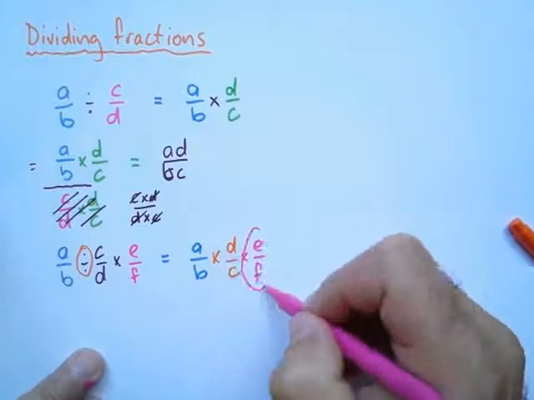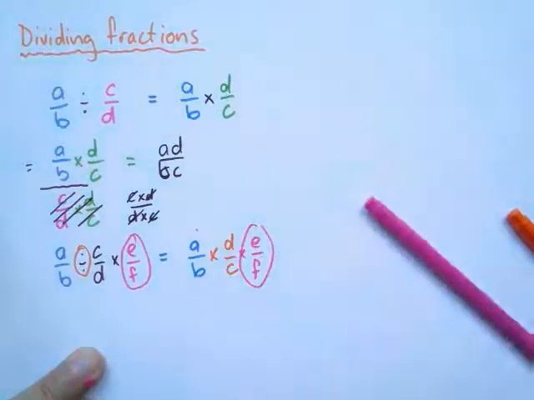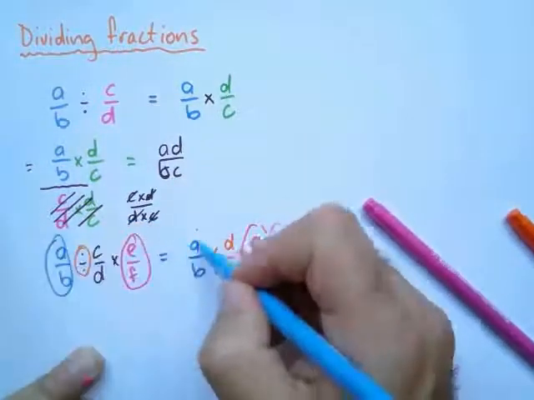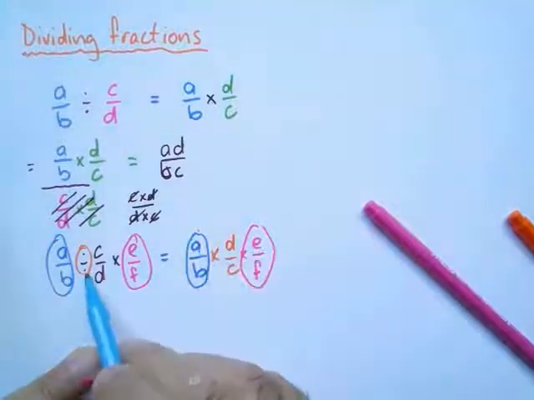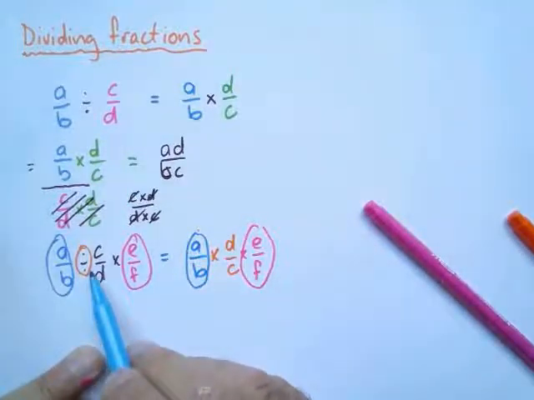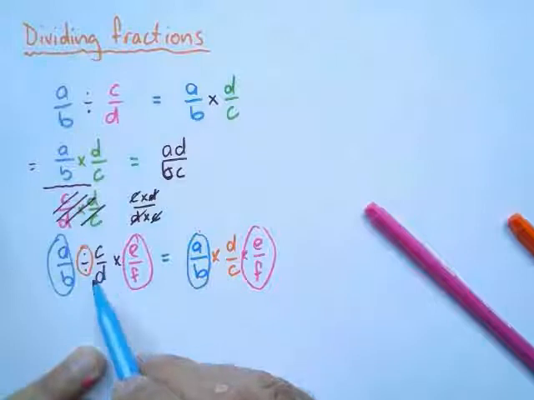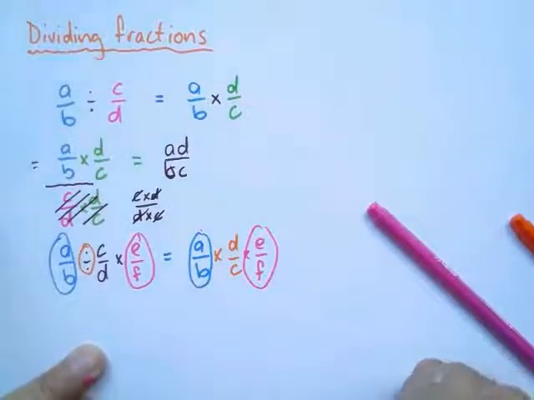So this and this stay exactly the same. It's only what happens after the division sign, that factor swaps around on the other side.